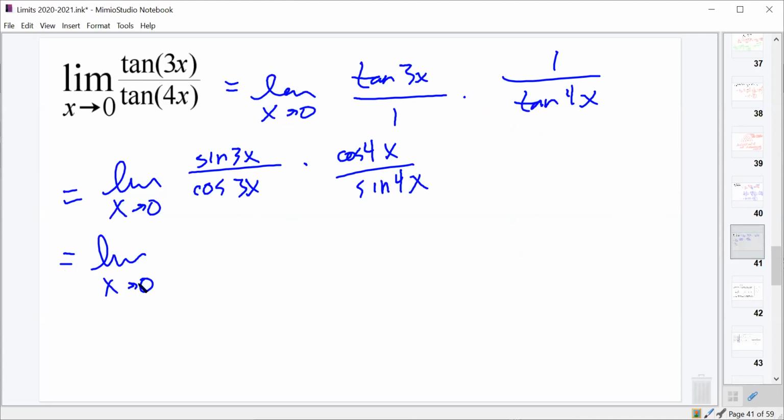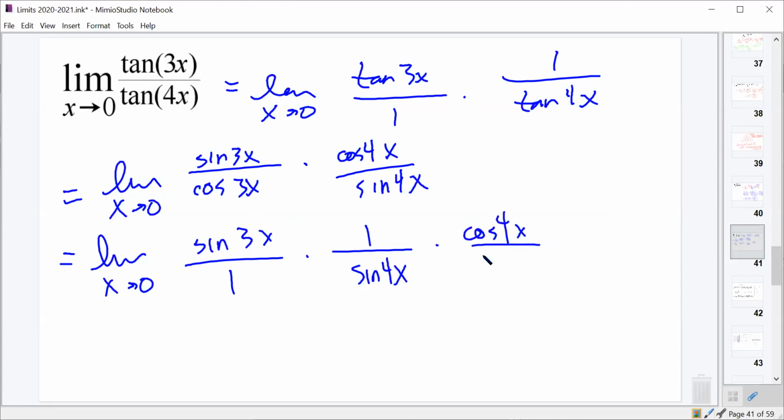Can I move the cosines out to the end so that I can just deal with the sines like I know how to, and then see what happens with the cosines? Something like that. Is that okay? Am I allowed to do that? Yes, I should be able to.